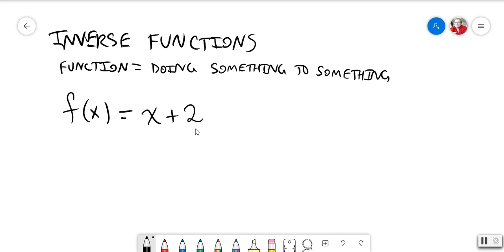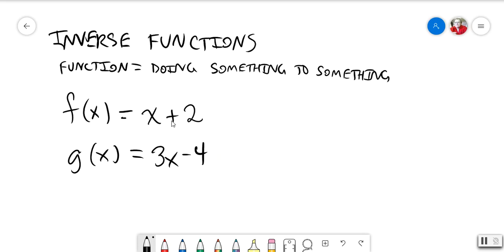That's all you're doing. If I said g(x) equals 3x minus 4, that means I'm taking x, multiplying it by 3, and then taking 4 away from it. So that's all a function is saying. A function means you take something, and by something I mean the x, and you do one or more things to it.